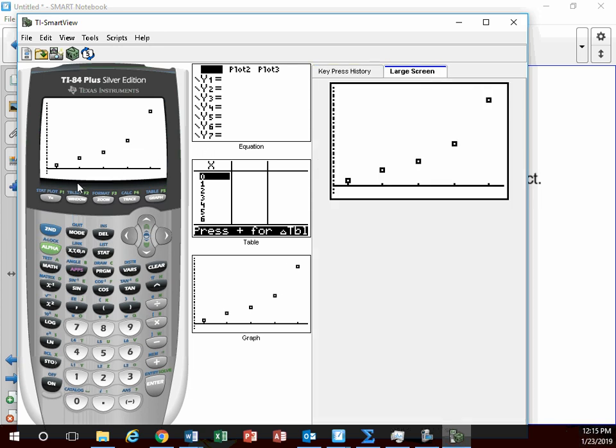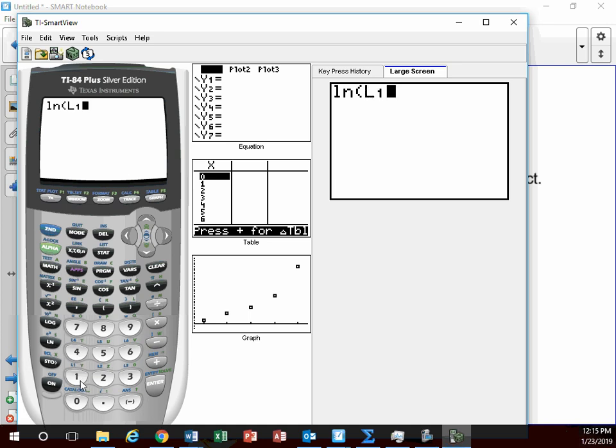So what we're going to do is go here. I know that I want to take the natural log of some of these variables. So what I do is just natural log, and then of list 1. Okay, that was my x's, right? Where am I going to store that? List 3. Okay? And then I also need to take the natural log of list 2, because that's my y's, and I'll store that in list 4.